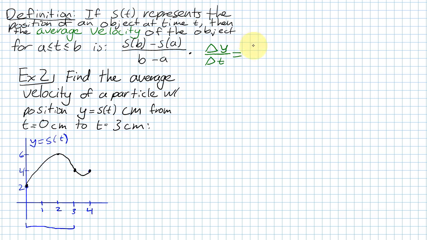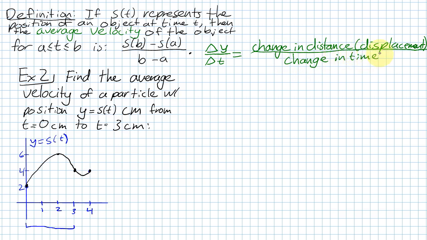I'll write this out in words here. By the way, a change in distance is also known as displacement, like we were talking about before. So a change in distance can be positive or negative depending on whether the distance was bigger before or bigger after.